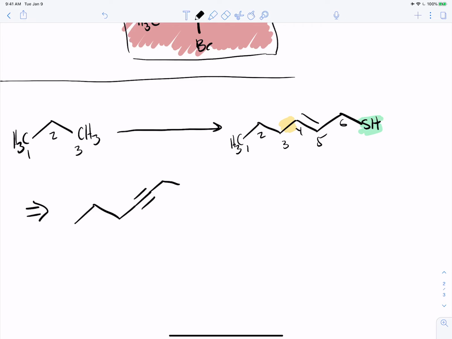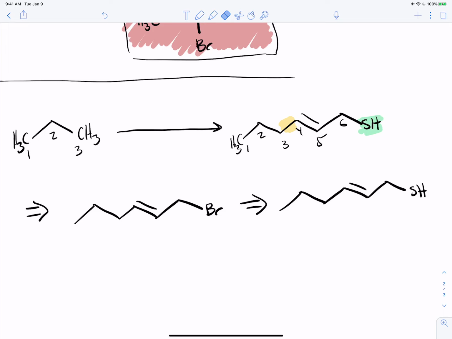And we're just going to assume that the thiol came from allylic bromination. And so we can go back from there. There we go. Then we go back, we get rid of the bromine. And then from there, we want to make the alkyne.